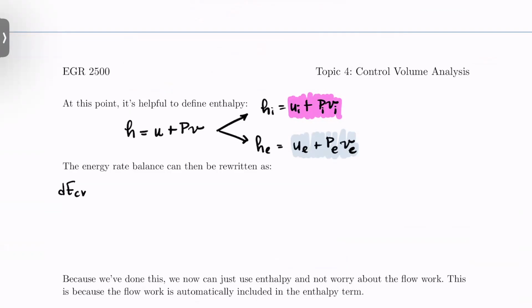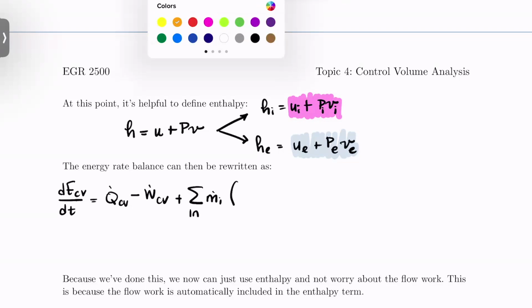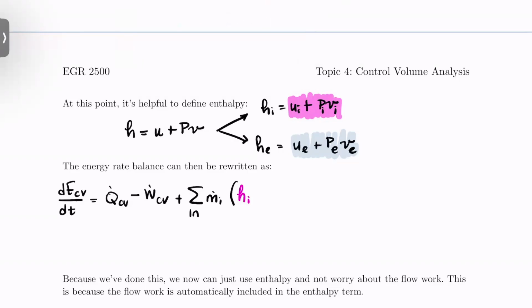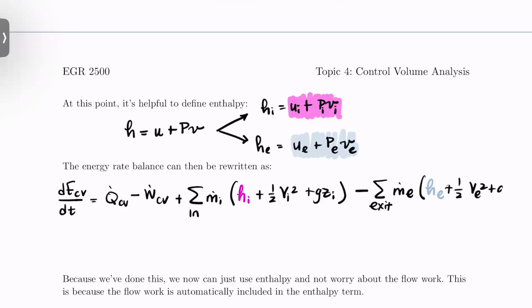We have our change in energy of our control volume is equal to Q dot CV minus W dot CV plus the sum over the inlets of M dot I times enthalpy of the inlet plus 1/2 the velocity at the inlet squared plus GZ at the inlet, minus the sum over the exits of M dot E times enthalpy of the exit plus 1/2 VE squared plus GZE.